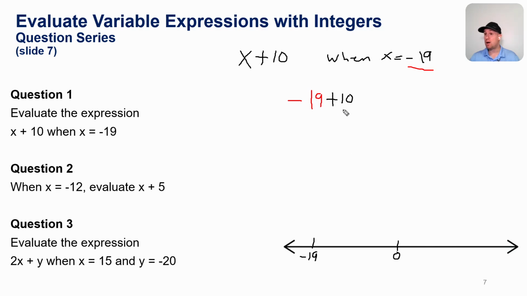We're then adding a positive 10. That's increasing our value, so we go back to the right on the number line. We're going back 10 units. This isn't enough to cross over into the positives though. I can't cross over 0. Where I end up here then is at -9. So my answer for question number 1 is -9.